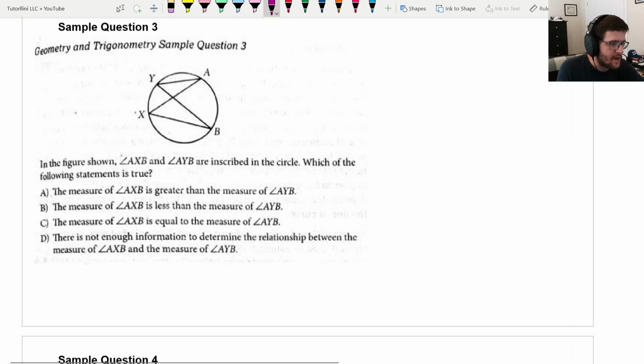Okay, they're inscribed in a circle. Which of the following is true? So for this guy, what I'm seeing is this angle and this angle both subtend this arc.